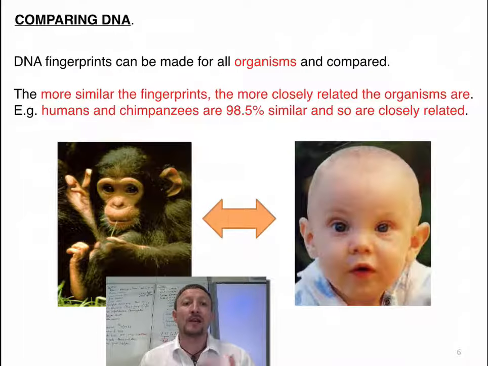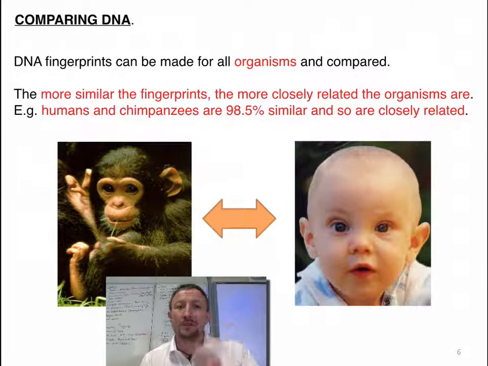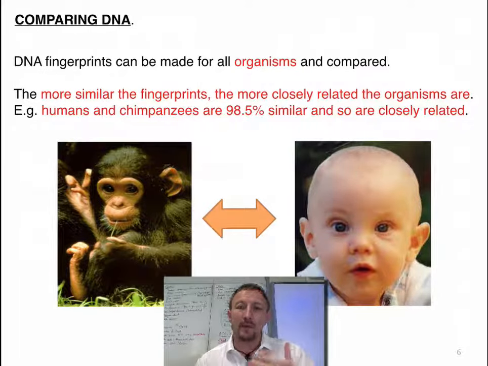Now, the final one that we can look at, and this has only been done over the last 80 years or so, is comparing DNA. Basically we've all heard of DNA fingerprinting, where we're trying to get a match looking at the various genes which are produced within DNA.